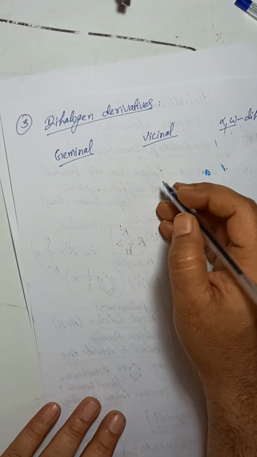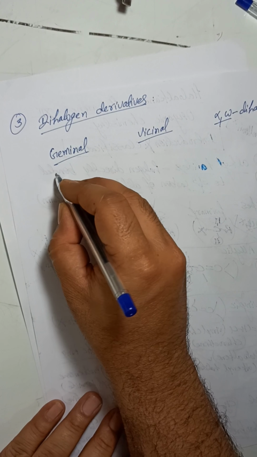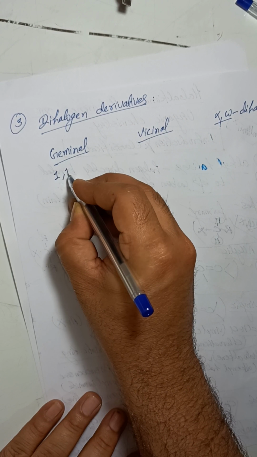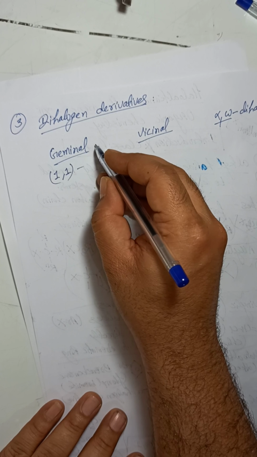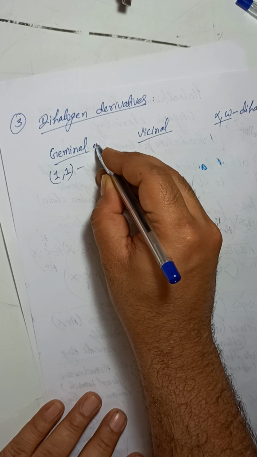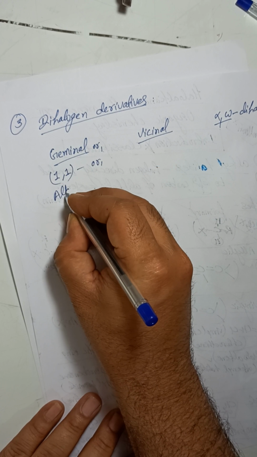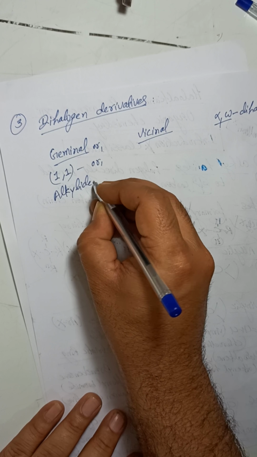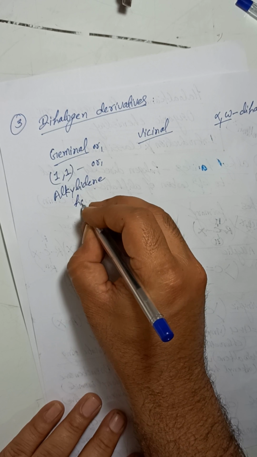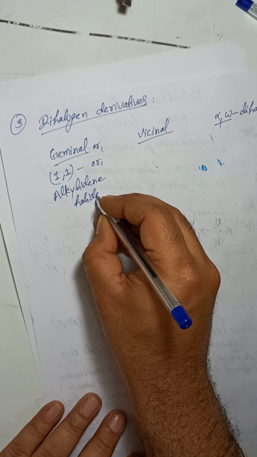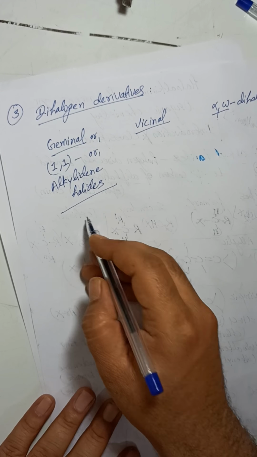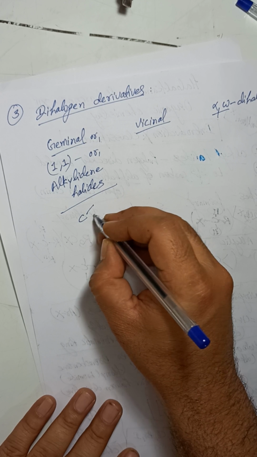Now let's talk about dihalogen derivatives. Geminal, 1,1, or alkylidene halides. It's something like that.